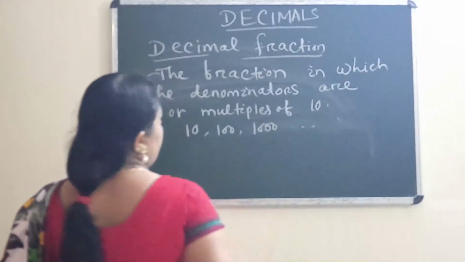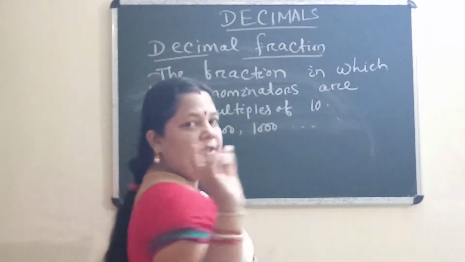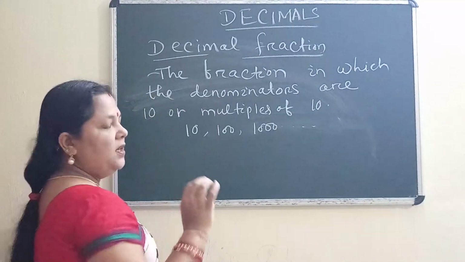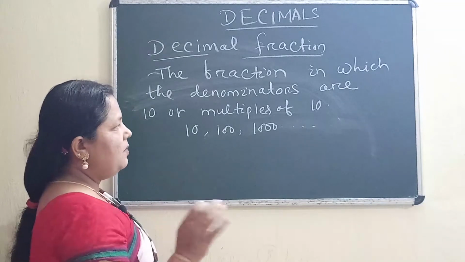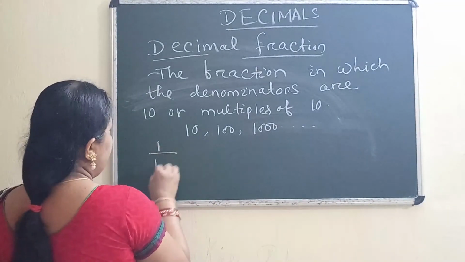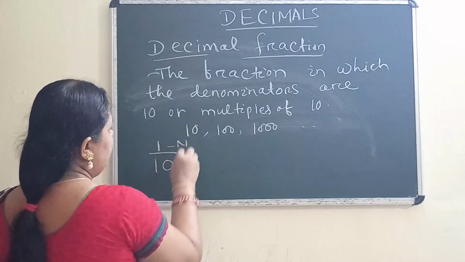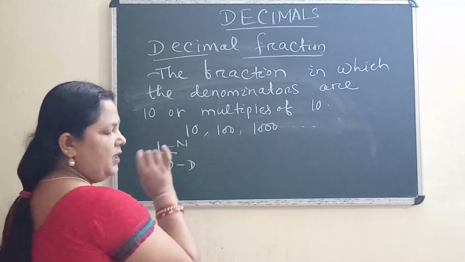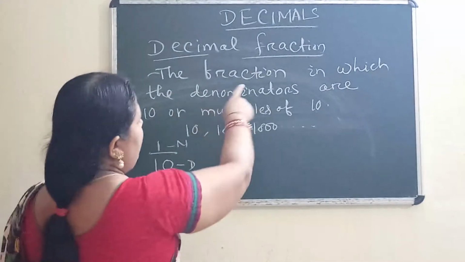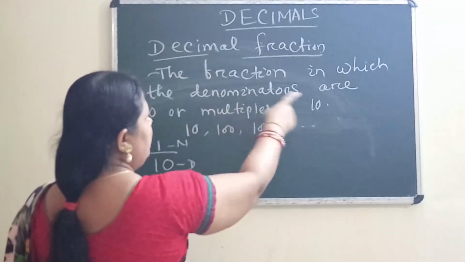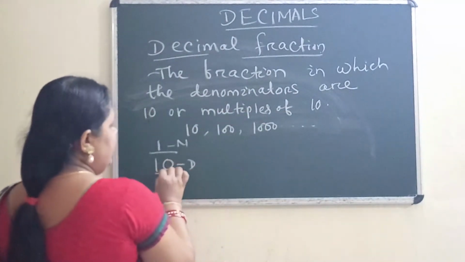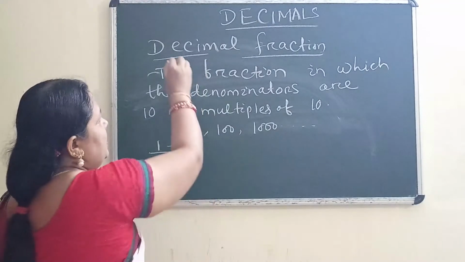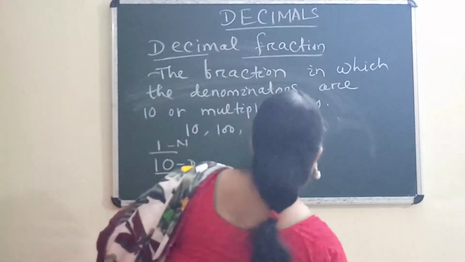Do you remember the denominator? The lower part, meaning the equal division part. Suppose 1 by 10: this is your numerator, this is your denominator. We have already discussed numerator and denominator. So a decimal fraction means the fraction in which the denominators are only 10 and multiples of 10. Those fractions we can call decimal fractions.